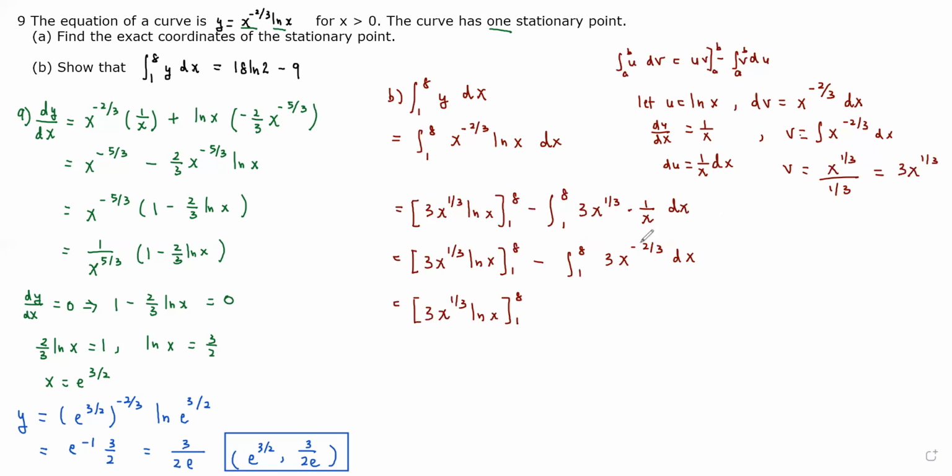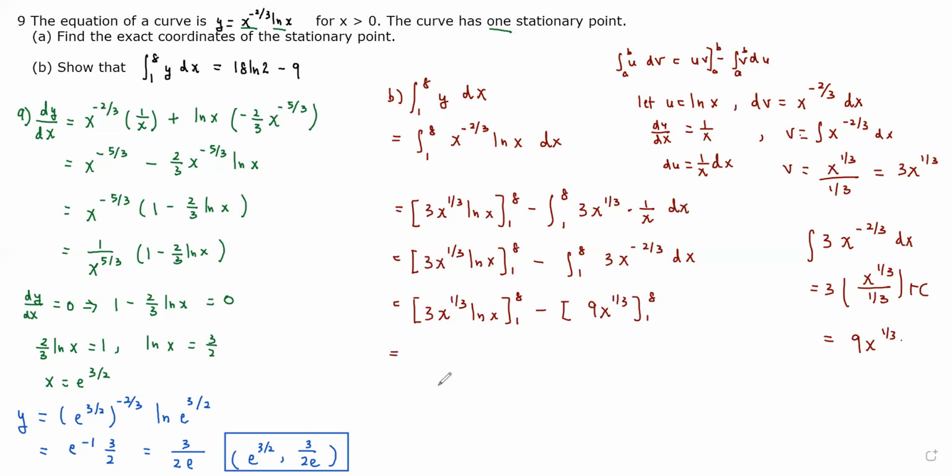And to integrate that, 3x to the -2/3. Then we have 3, and this part here, x to the 1/3 divided by 1/3. So that will give us 9x to the 1/3. Then we have 9x to the 1/3 from 1 to 8.